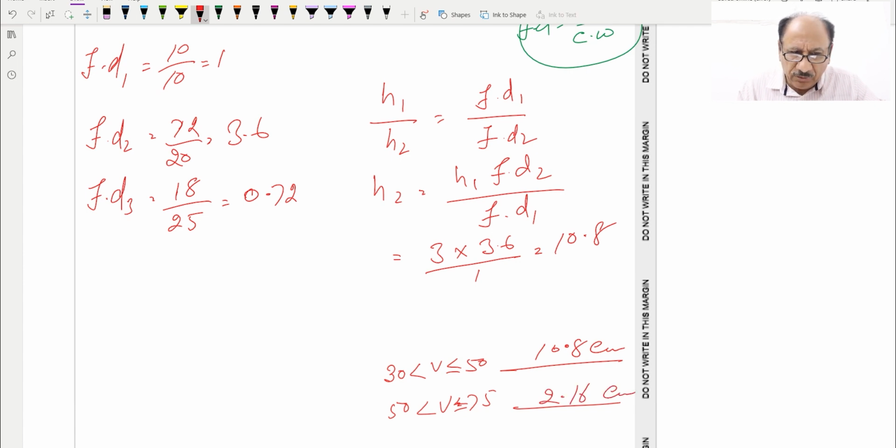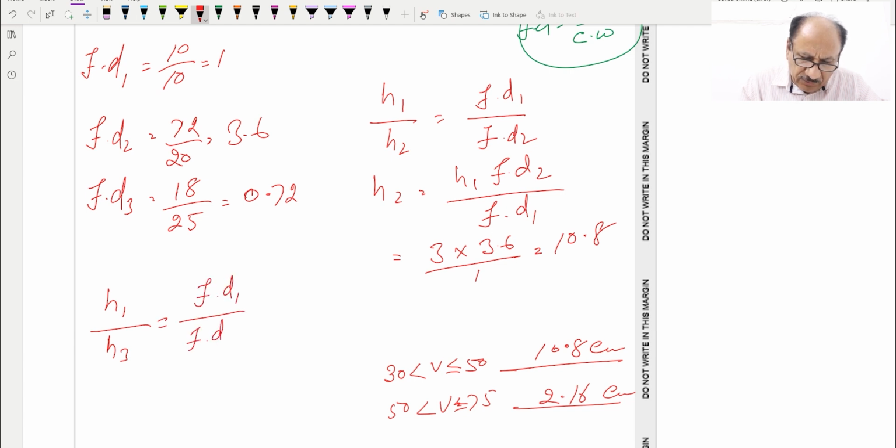Hopefully you understood everything. And if you want, we can calculate that as well. For H3, we need to calculate the ratio h1 over h3, equal to fd1 over fd3.